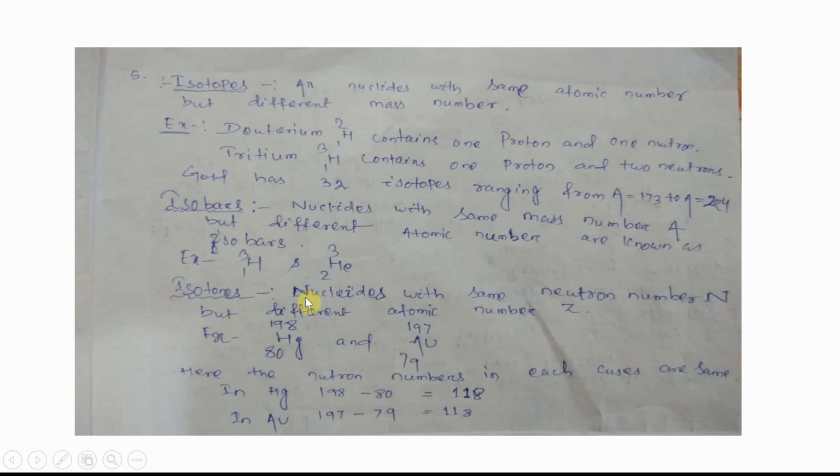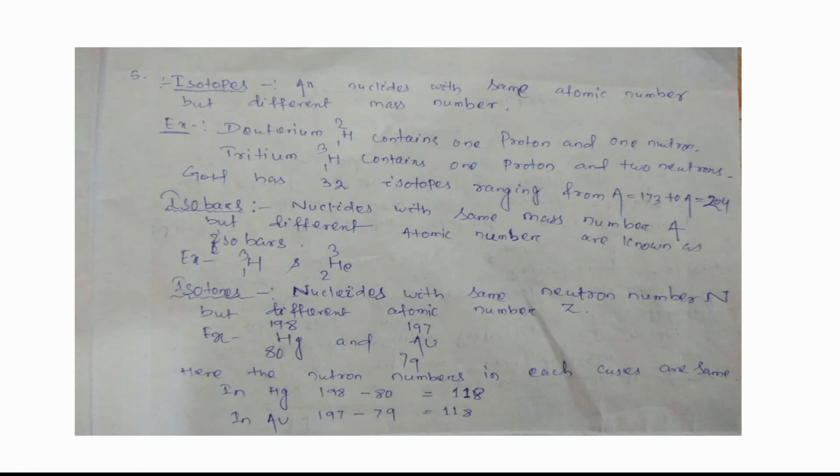Next come to another factor, that is isotones. Isotones are nothing but the nuclides with the same neutron number but a different atomic number. Here we have taken one example, that is Hg 80 198 and Au, gold, 79 197. This is mercury and gold. So here we have to calculate the neutron number in each case. Here the proton number is 80, here the proton number is 79.